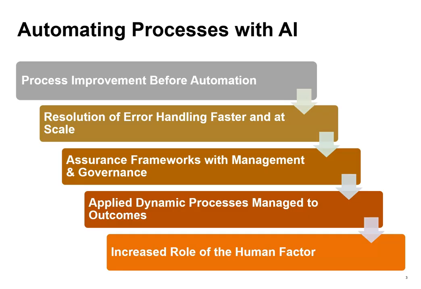When robotics are applied to manufacturing processes and to automate operations, the AI leadership understood the need for process improvement before automation, resolution of error handling faster and at scale, assurance frameworks with management and governance, applied dynamic process management to outcomes, and the increased role of the human factor.